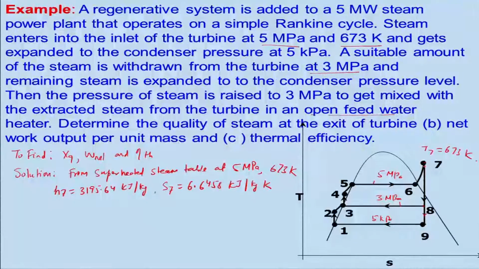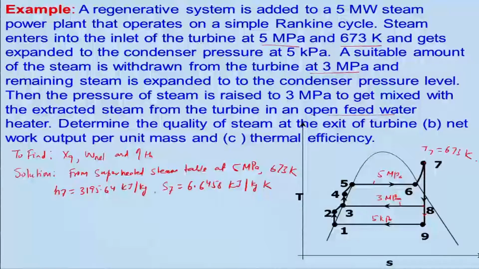That means this point I know. And of course, you may ask why I need it. I will have to find x9, and I will have to find how much work is being done in the expansion from 7 to 8, and also how much steam is extracted from the turbine.